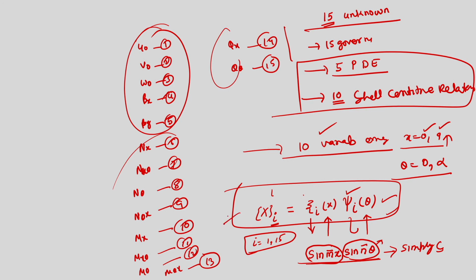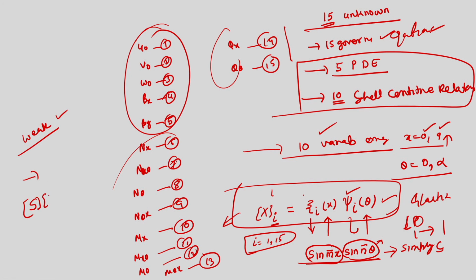Now, substituting these variables into the 15 governing equations and applying the Galerkin technique, because all these are in the form of partial or ordinary differential equations, we have to find them in terms of a weak form. So, applying the concept of Galerkin, ultimately it reduces to a set of equations with an S matrix, X_i, and a loading vector.